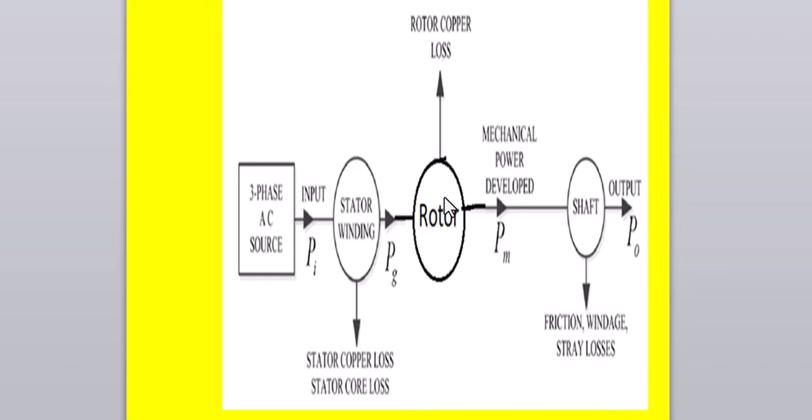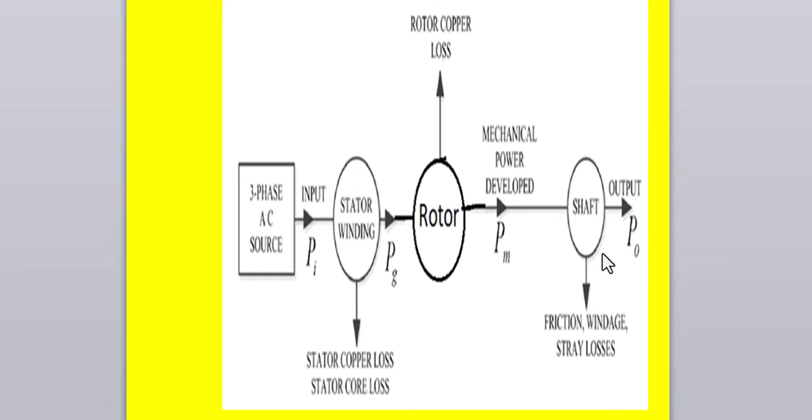So here is the rotor, and the rotor will also have losses, that is rotor copper loss. From the rotor input, if the rotor copper loss is subtracted, the output is called the mechanical power developed by the motor or rotor.